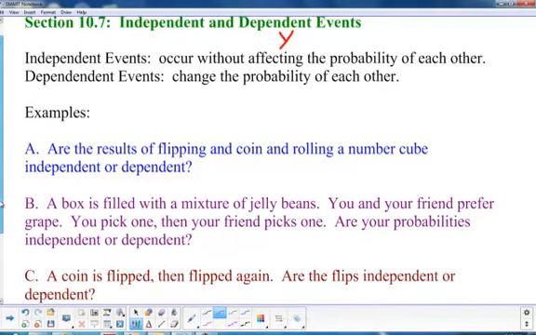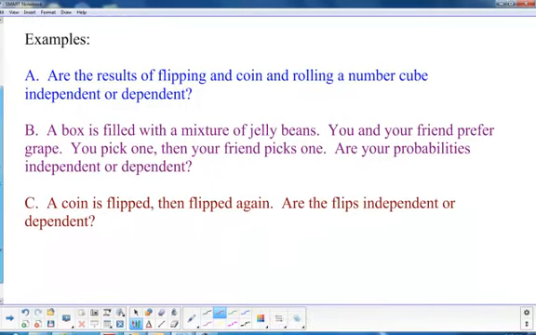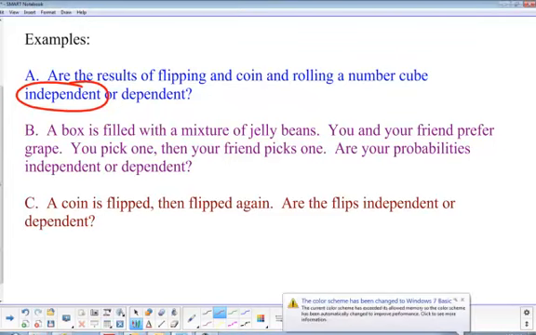So if we look at letter A, are the results of flipping a coin and rolling a dice independent or dependent? That would be independent. It does not matter what we get on the coin because the number cube, the die, will give us something completely different. A box is filled with a mixture of jelly beans. You pick one, you keep it, and then your friend picks one.